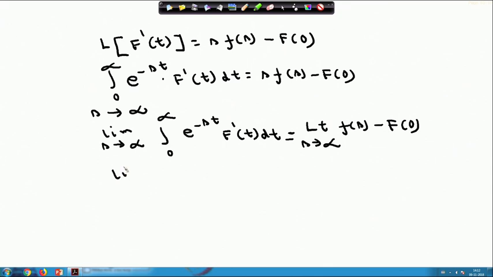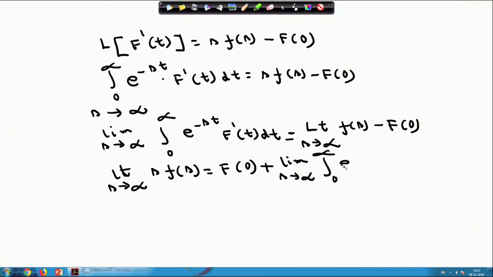Or this I can again write down as limiting value of s approaches infinity s f s is equals f 0 plus limit s approaches infinity of integral 0 to infinity e power minus s t into f dash t dt.